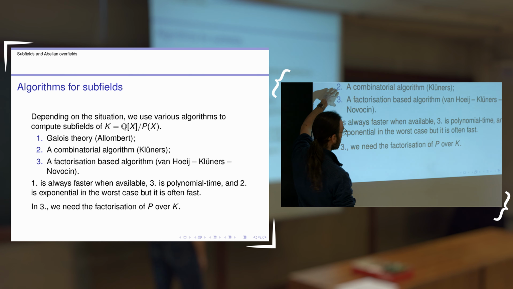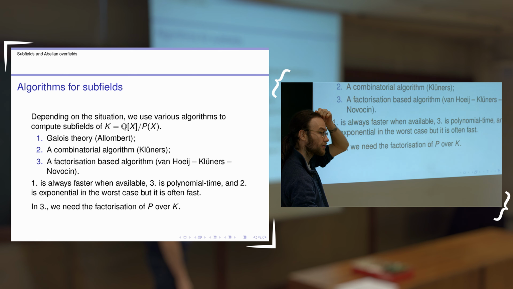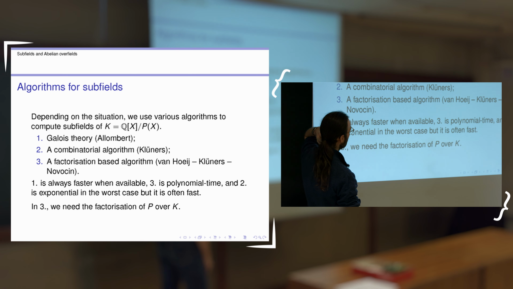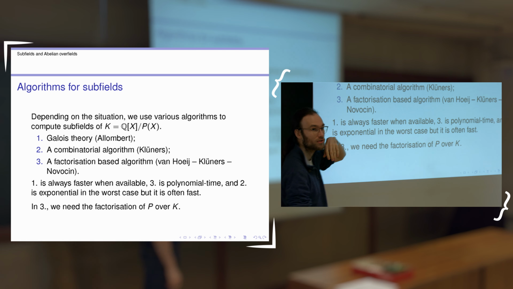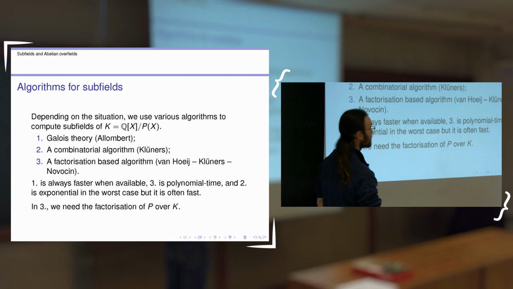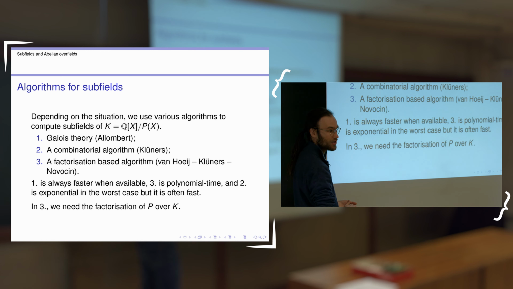If that's not available, there is a combinatorial algorithm due to Klüners, which has been in the software for a long time. The problem with that one is that you can have a combinatorial explosion depending on the properties of your field, and so it can be exponential time in the worst case. Very often it's fast, but it can explode.